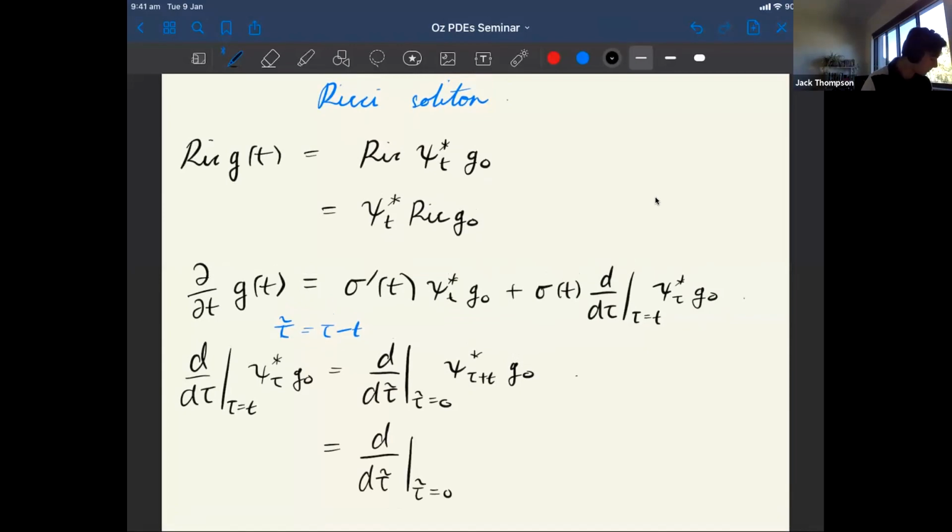Now, the next thing I do is I use that I can split these two up.